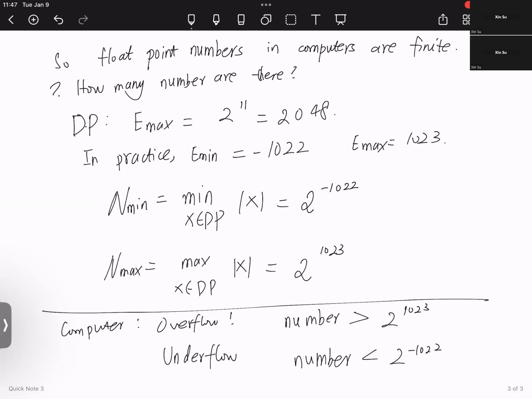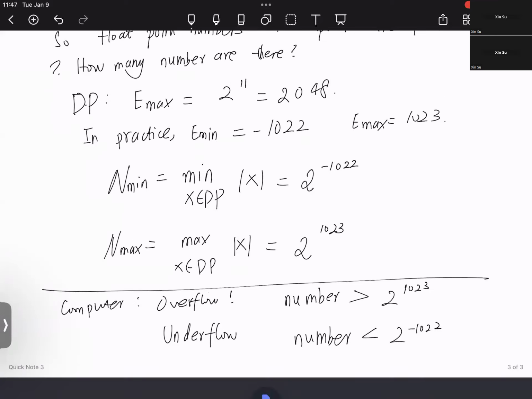When you're using Excel or some computer to calculate something, you might be getting a number like 10 to the minus 6 or 8, but the computer will only tell you it's 0. And what's that called? It's called rounding. The computer automatically rounds the numbers for you. So now let's go to the next section, about rounding and machine precision in the computer.